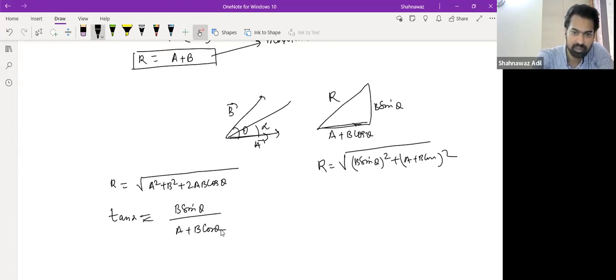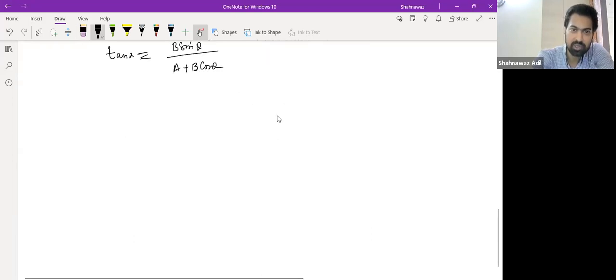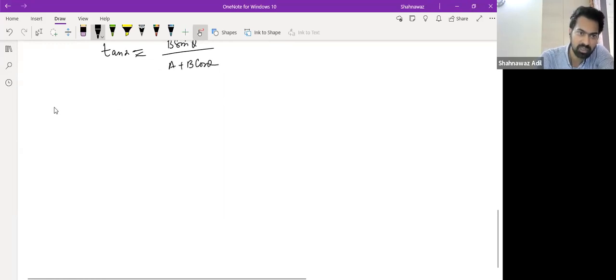So this would be the angle, right? This is the resultant between two vectors in the polar form. And there are three special cases. What are those?